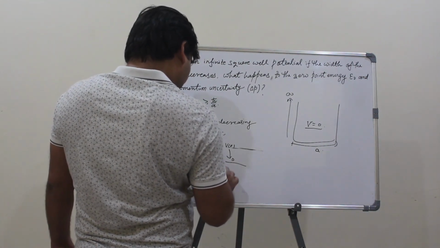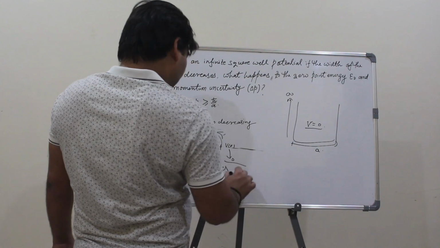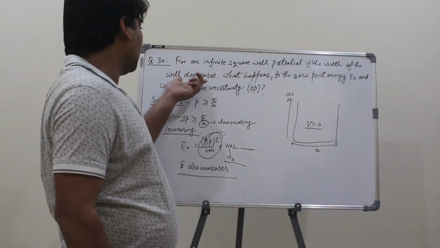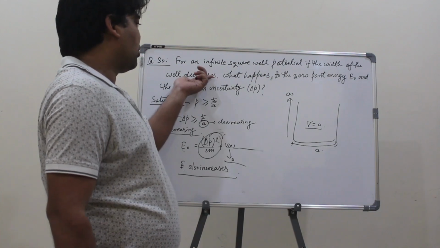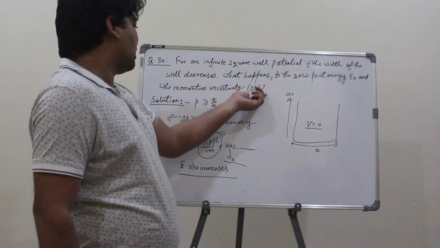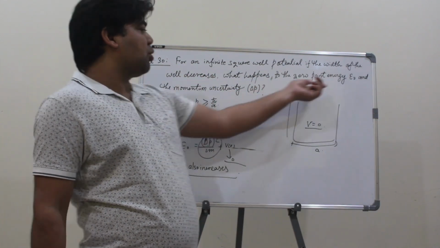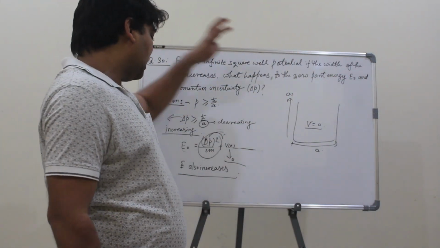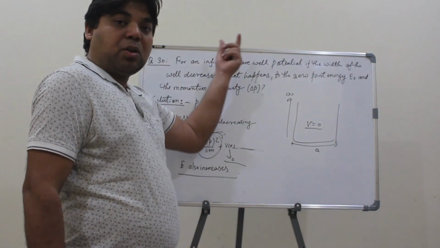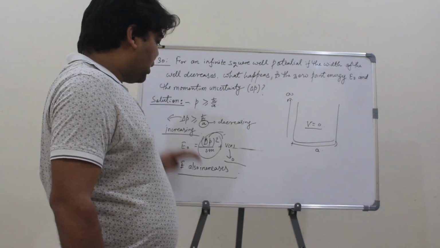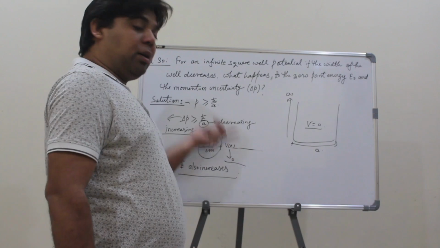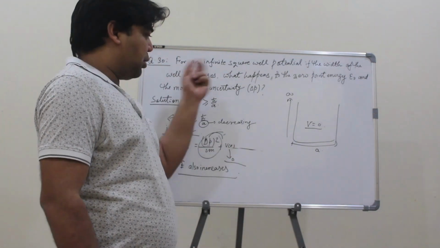So if the potential width is decreasing, the momentum uncertainty and zero point energy both will increase. Remember that. If this type of question is asked anywhere, you can look for this kind of argument, and based on these arguments you can simply answer this question.